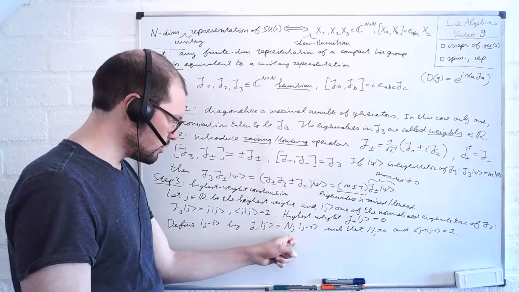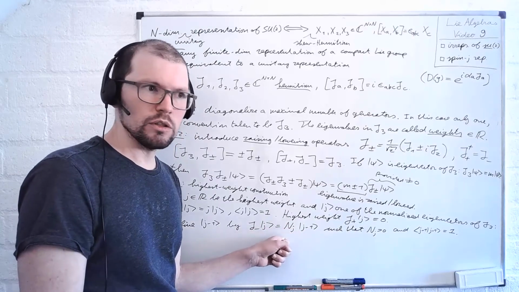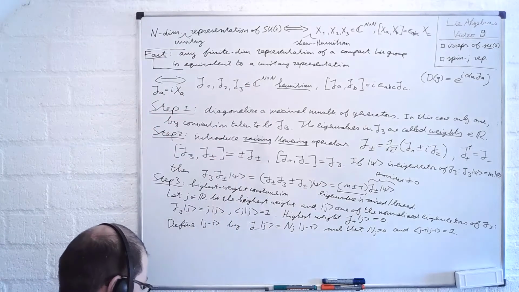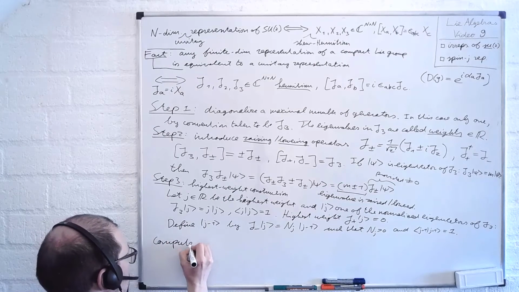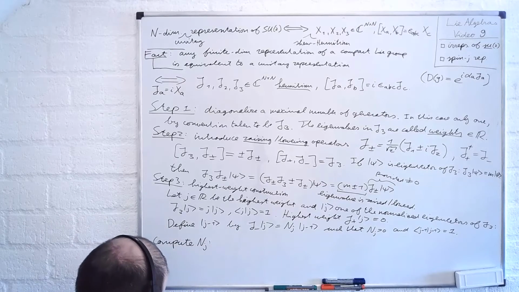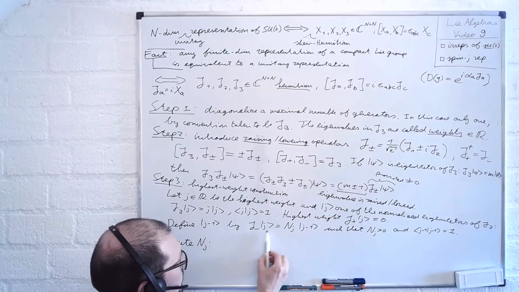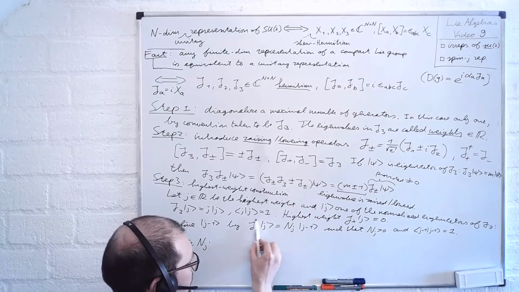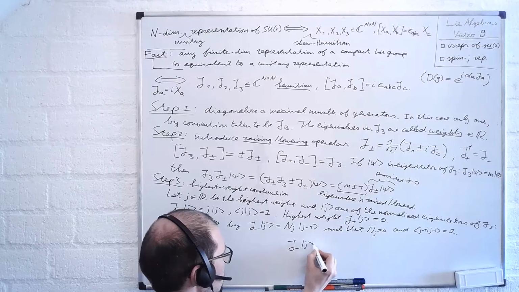So let's compute, for future purposes, what this normalization constant n of J is. What we want to do is determine the norm of this state, J minus acting on the highest weight state.